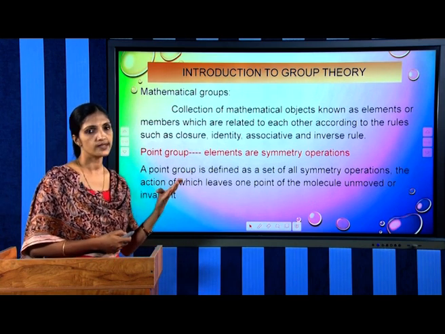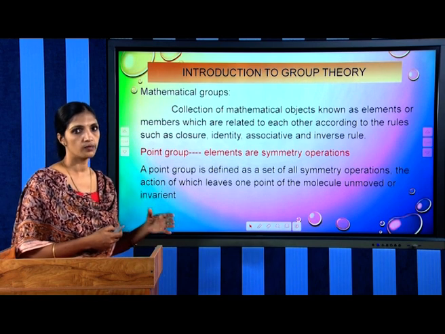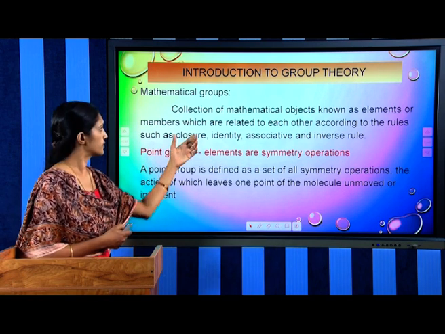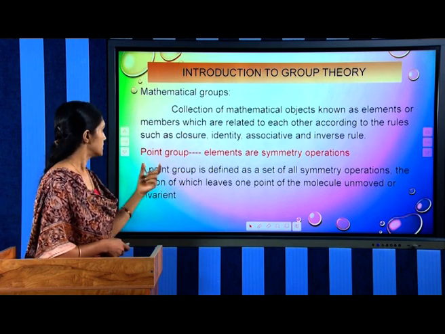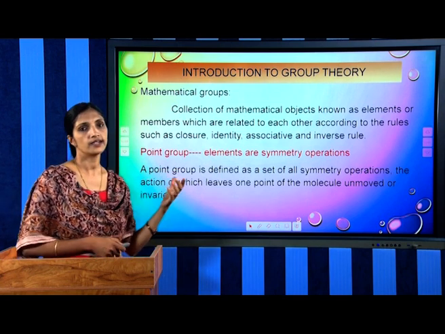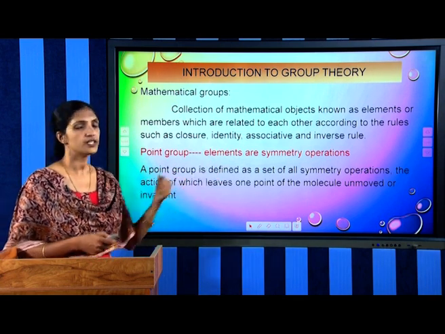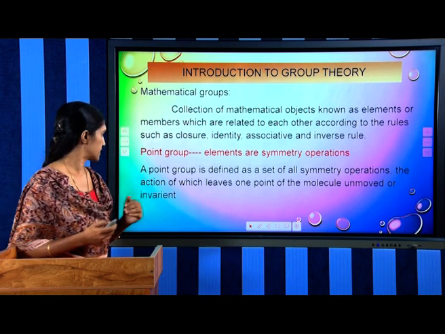These 4 rules are obeyed by the elements of that group, then only we say that it is a mathematical group. So for point groups, the elements we are discussing are symmetry operations.